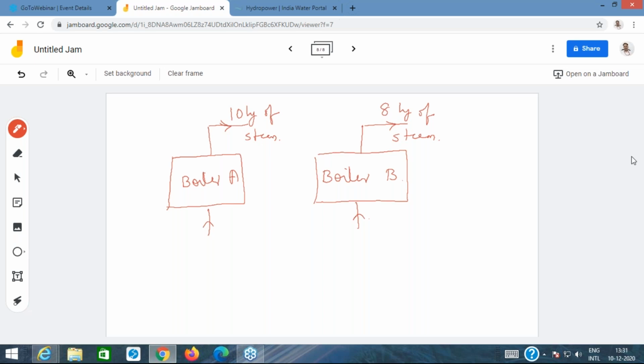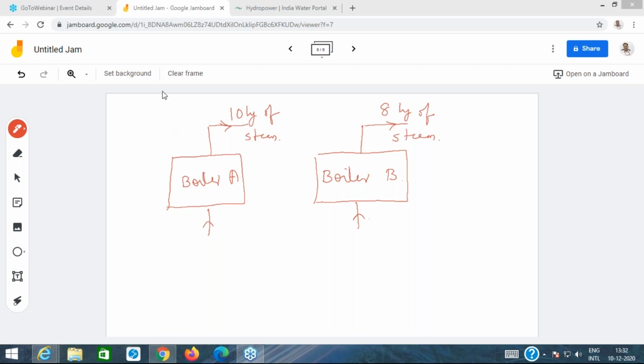Boiler A generates 10 kg of steam and boiler B generates 8 kg of steam. Which is a better boiler? Okay, Ganesh is saying it is boiler A. Kamlesh says it depends on the requirement.